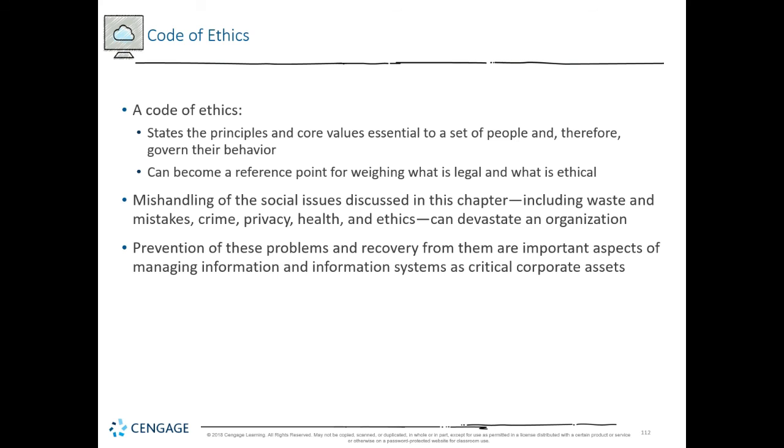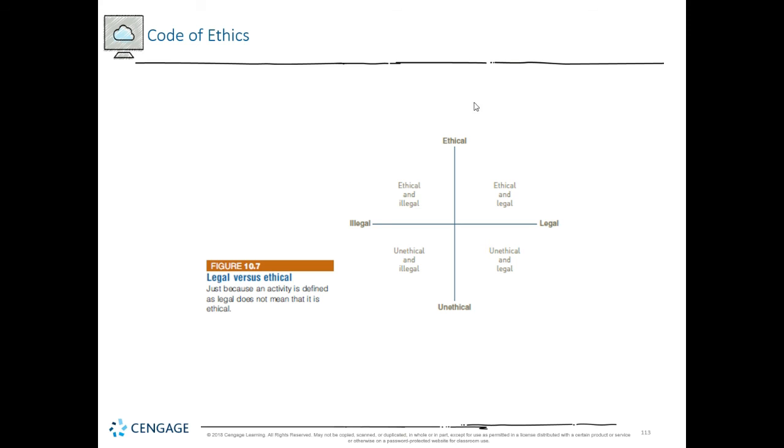Prevention of those problems and recovery from them are important aspects of managing information, and information systems are critical to the corporation. Code of Ethics, Figure 10.7. Legal versus ethical. Just because an activity is defined as legal, does that mean that it's ethical?